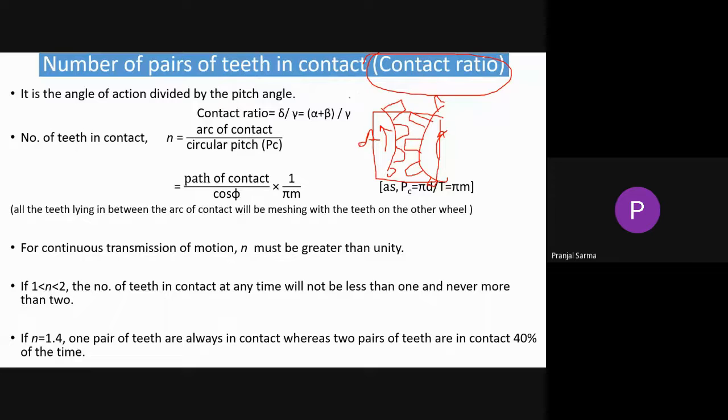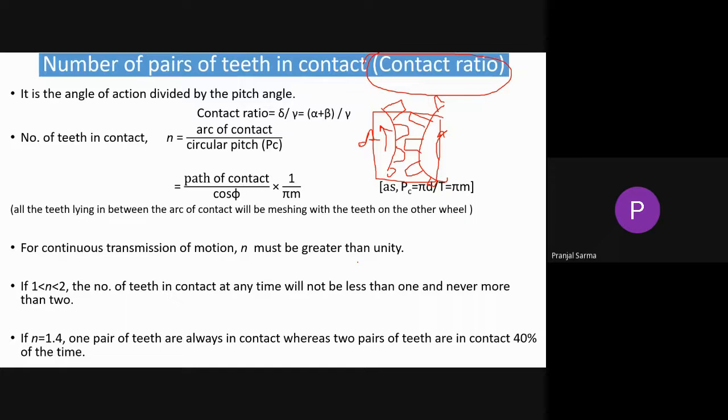So the knowledge of how many pairs of teeth are in contact, and for how long, is important. This number of pairs of teeth in contact is given by the term contact ratio. We use the word contact ratio for understanding this particular thing.